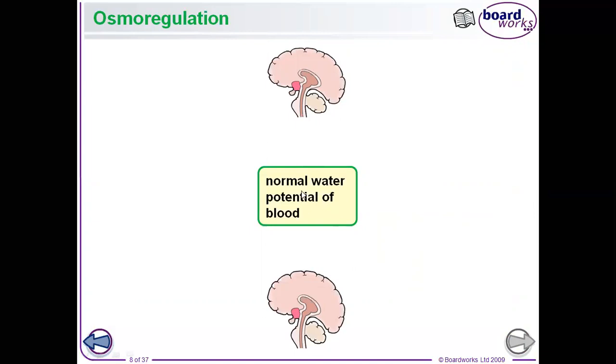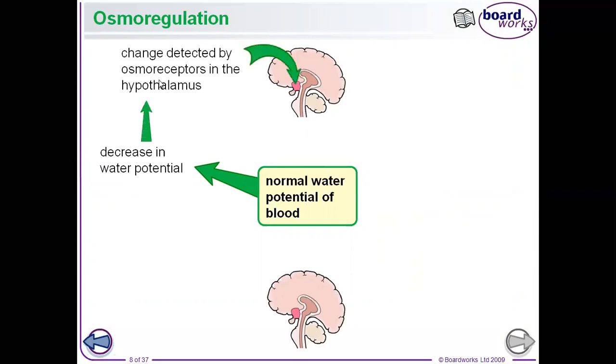So let's suppose the water potential of the blood decreases. Water potential of the blood means the water level, or the amount of water that's supposed to be in our blood, is decreased from normal. What will happen? That change is detected by the osmoreceptors and the hypothalamus.